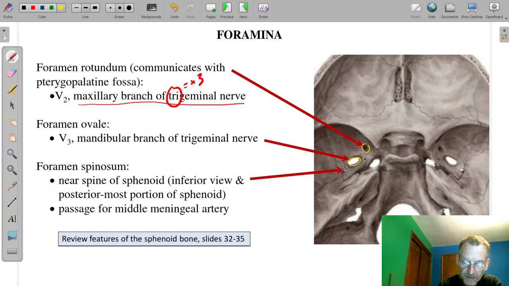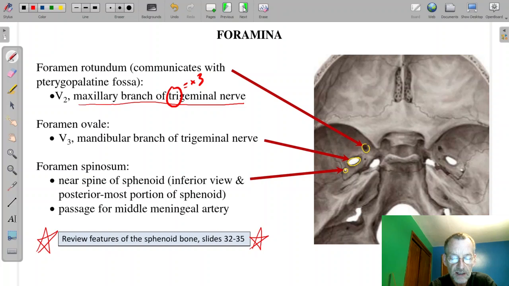And then the last foramen is the Foramen Spinosum, through which the middle meningeal artery passes. Okay. And then I have a note here for you to go back and review some of this material.